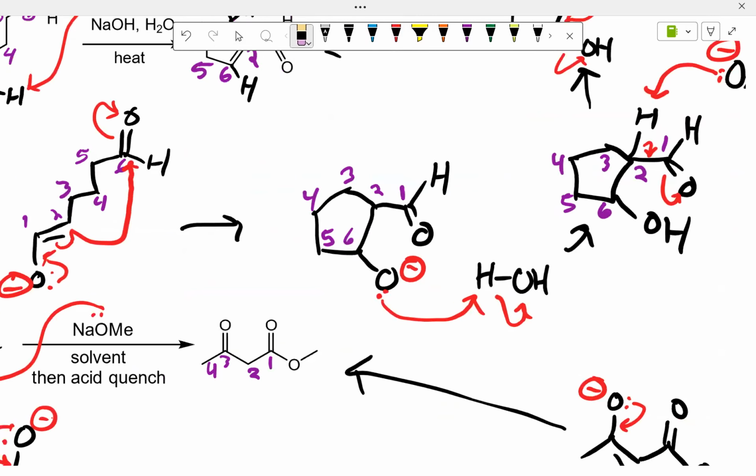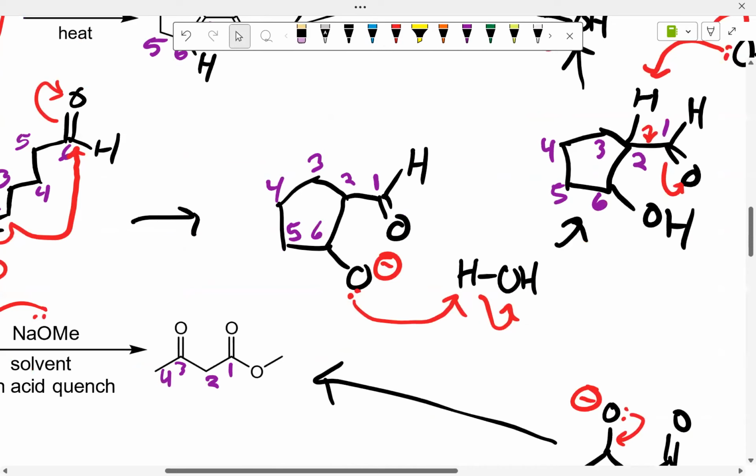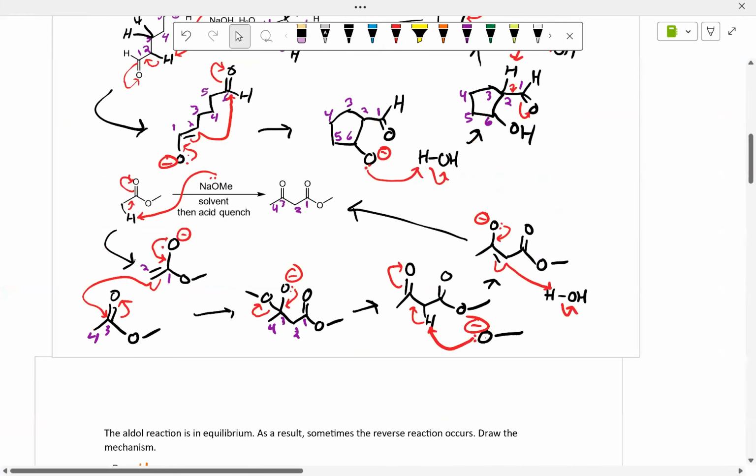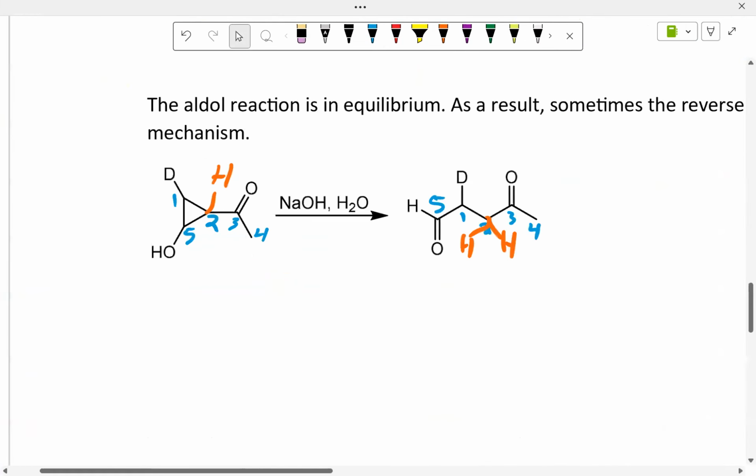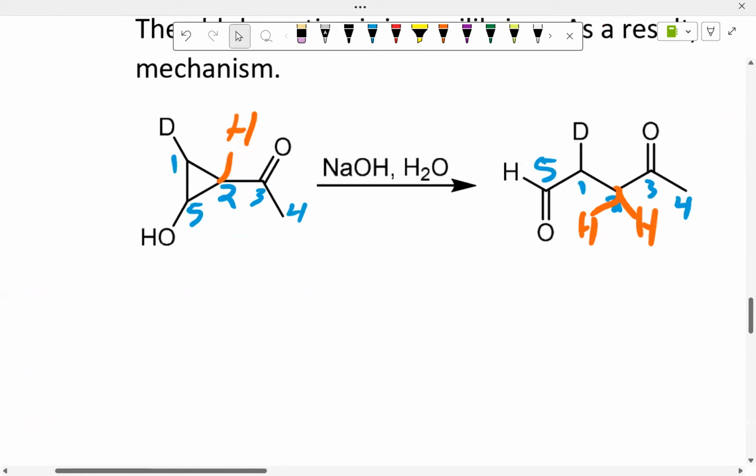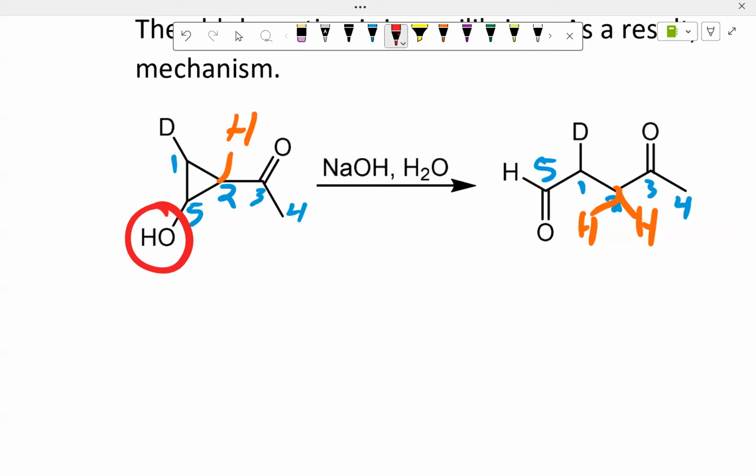We're going to do the reverse of this first, because this occurs last in the forward direction. In the forward direction, the last step is to protonate this. So in the reverse direction, instead of protonating the alcohol, we're going to deprotonate the alcohol.